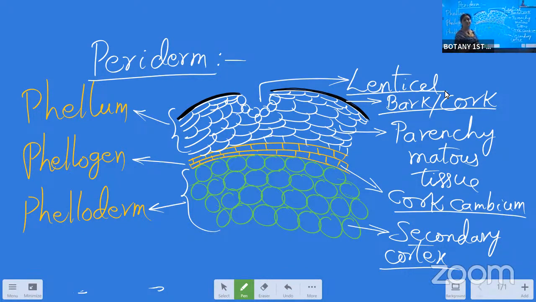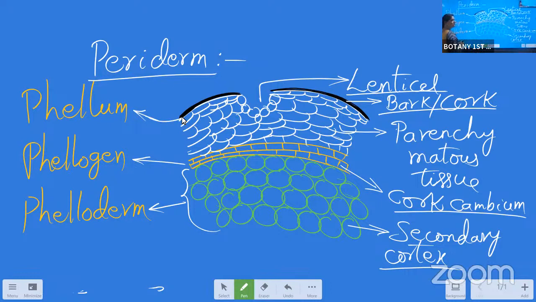What is the difference between the lenticel and the stomatal apparatus? I said. So same lenticels. And below this is the somewhat simple parenchymatous tissue, and above this is the completely dead tissue present outside, which is called the bark, otherwise the cork. So we will call that one the phellum.